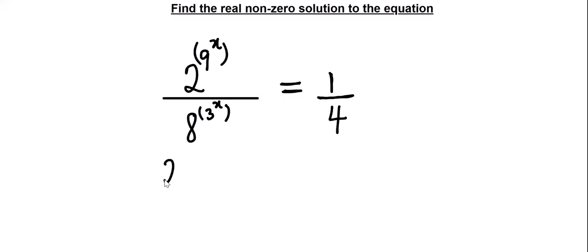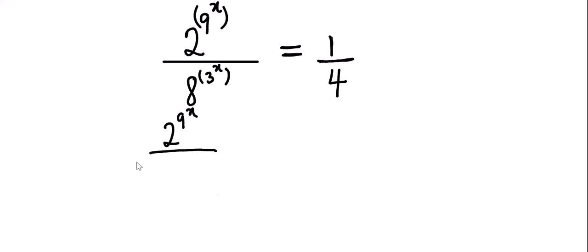Here we have 2 to the power of 9^x divided by 8, which can be written as 2 to the power of 3, and outside this we have 3^x, which equals 1 over 4.